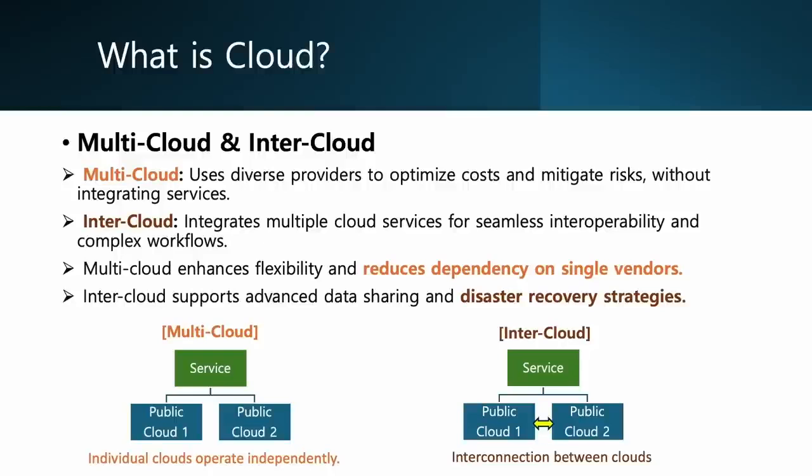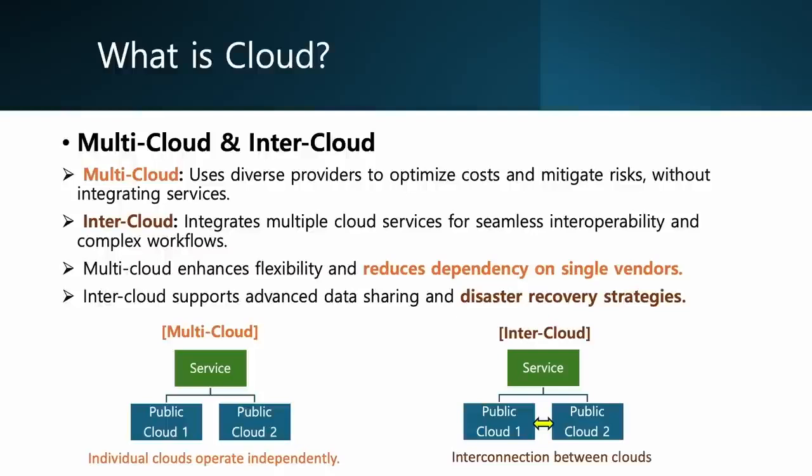Next, there is intercloud, which is an architectural approach similar to multi-cloud. Intercloud also uses multiple cloud services and integrates these clouds to support seamless interoperability and complex workflows. It integrates services across multiple cloud providers, allowing users to work in a single integrated environment.